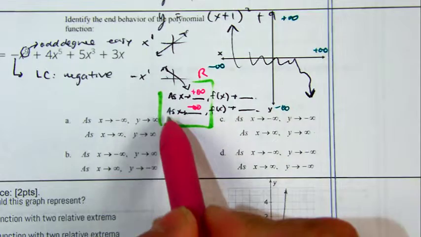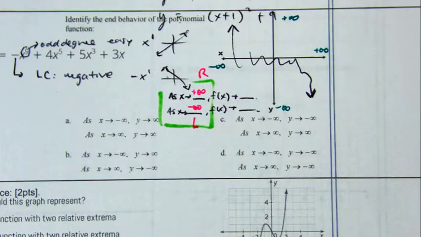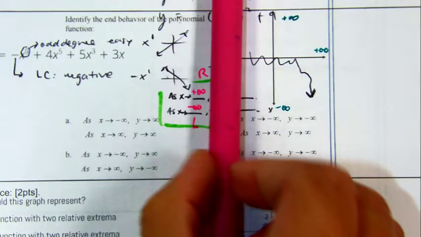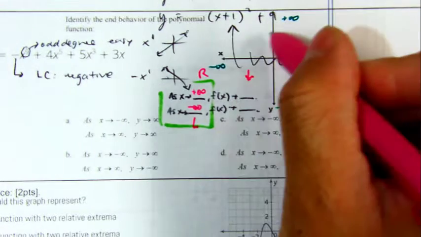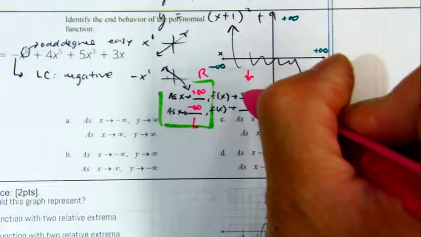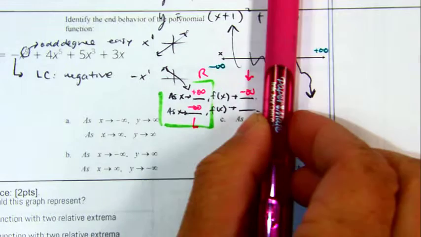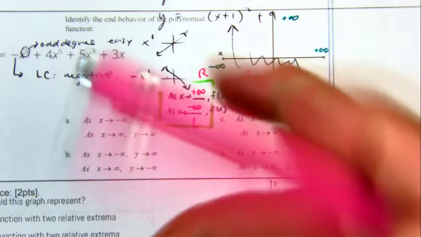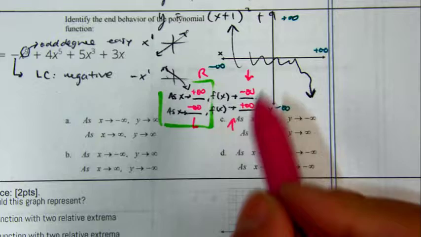And as x approaches negative infinity, what happens to the graph is you go left. So as I go to the right, it's going down. Down means on the f of x, or the y value, is negative infinity. And as you go towards the left, the graph is going up. Up means positive infinity.